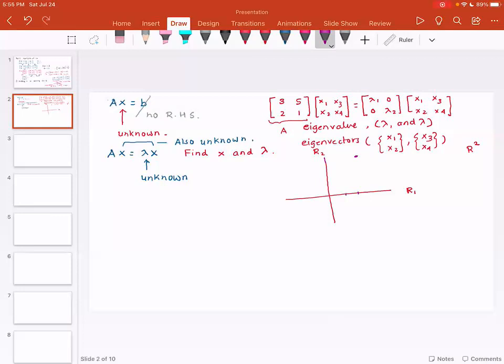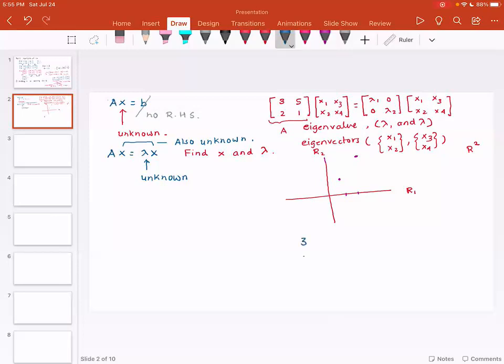So these are two points essentially that I have plotted on R1. Geometrically, if you think about the eigenvalue eigenvector problem, we are trying to look for one constant that would scale this matrix. So just to give an example, let me try to give you just a simple idea.